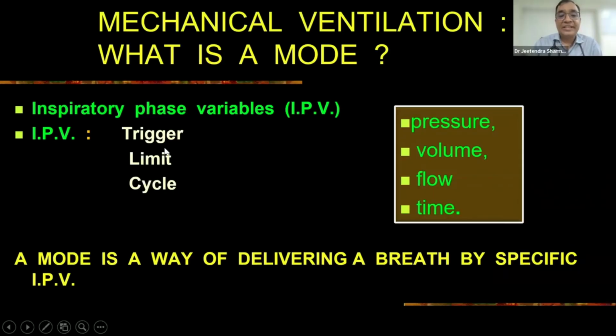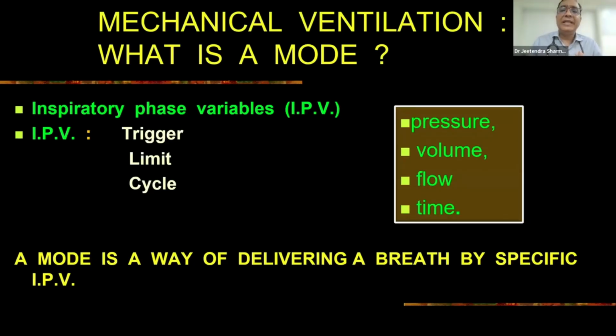Now you understood the trigger: what command the ventilator achieves or receives to initiate the breath, that is called triggering. When we say ventilator triggering and patient triggering, these are qualitative words.